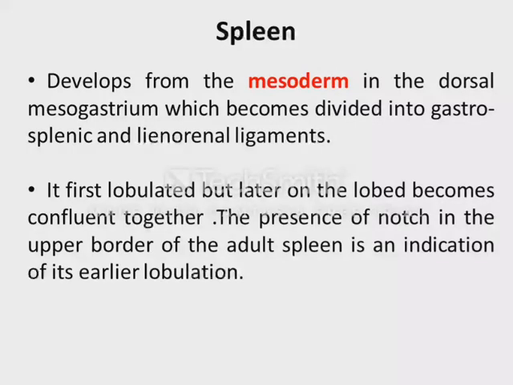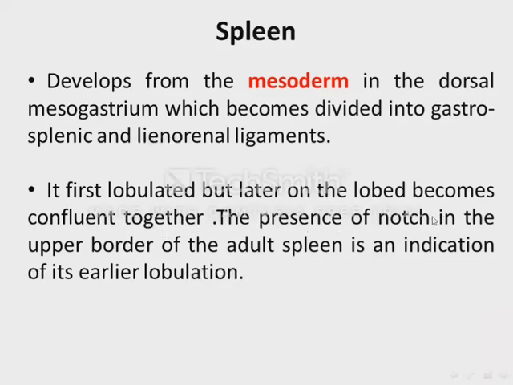Well, what about the spleen? The spleen develops from the mesoderm in the dorsal mesogastrium, which becomes divided into the gastrosplenic and lienorenal ligaments as we discussed before. It is first lobulated, but later the lobes become confluent together.